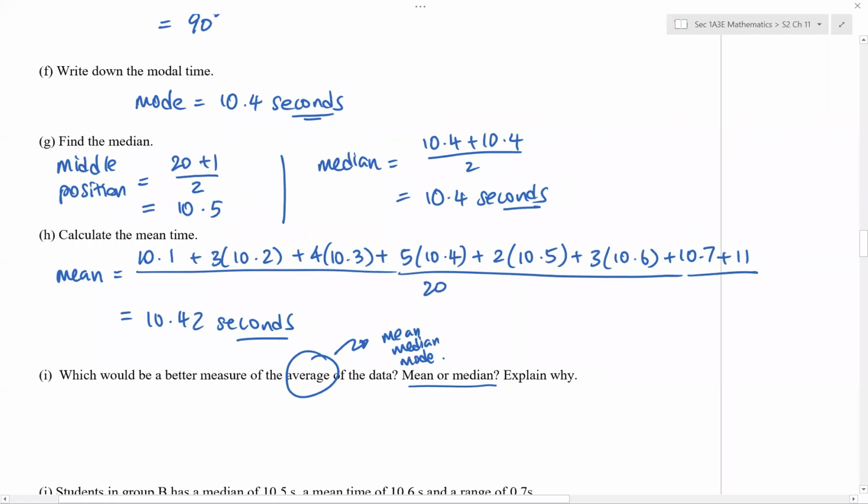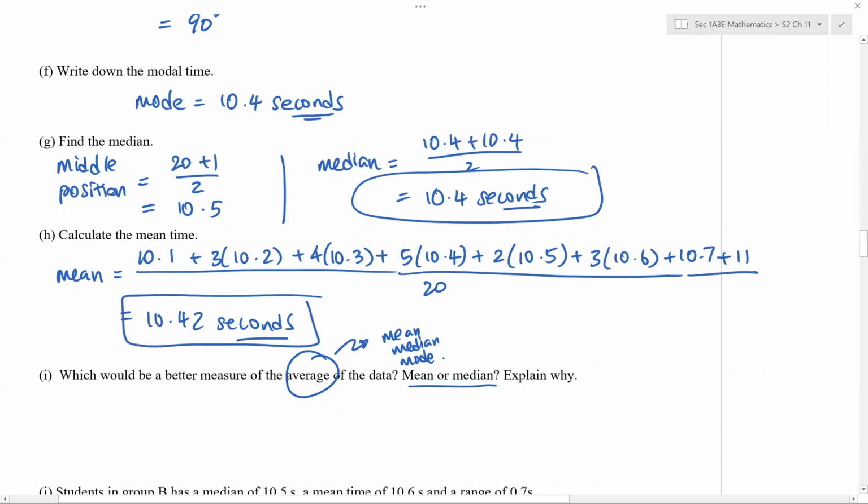So now we have two values. We have the median value, 10.4 seconds, and the mean value, which is 10.42 seconds. Both of them are representations of average. Both of them tell us roughly where the center is. However, the values are different because of the calculation involved.